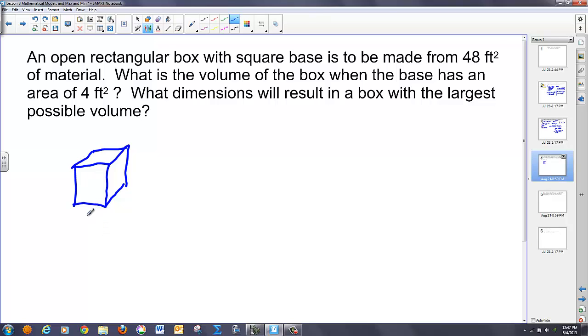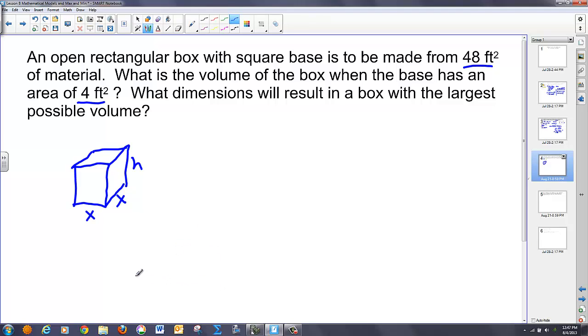Since I know the base is square, I can call the dimensions x by x. I don't know my height. And I have two things of importance in this problem. This 48 square feet, and we want to know the volume if I have a base with area of 4 square feet.